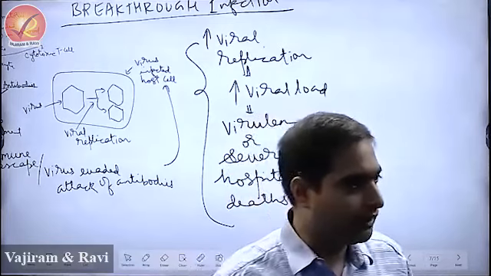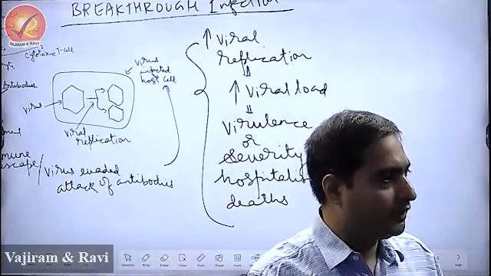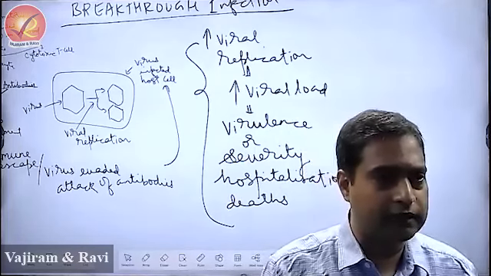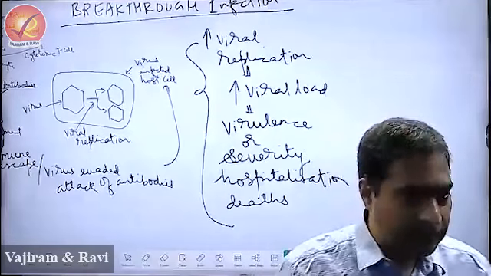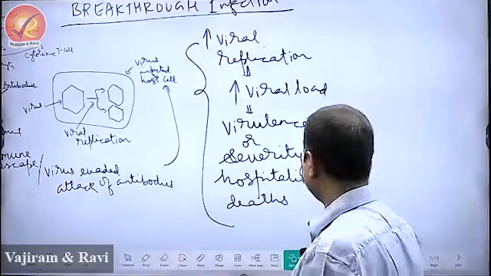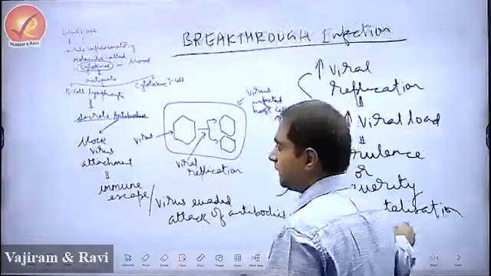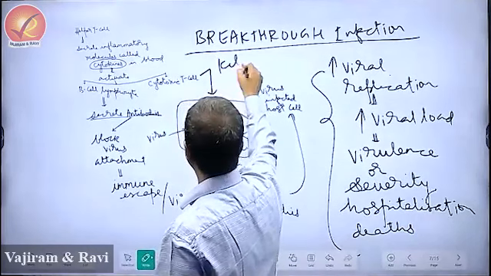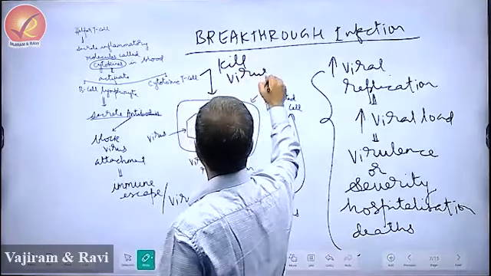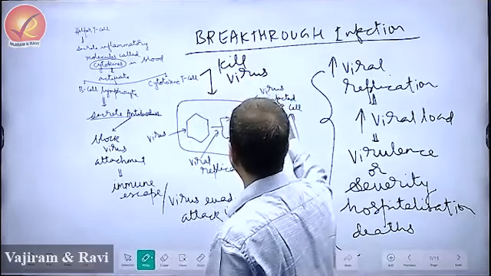Still our vaccine induced immunity is protecting us. But how does that protection come to the body? That comes because of the role of cytotoxic T cells. They kill the virus infected host cell.